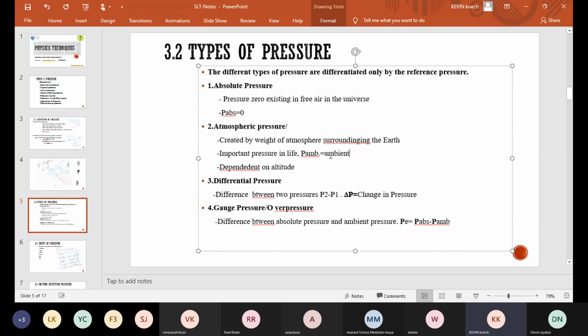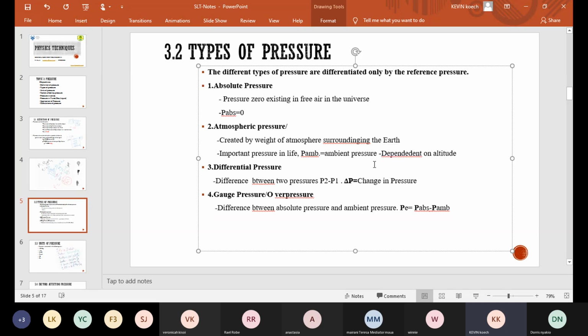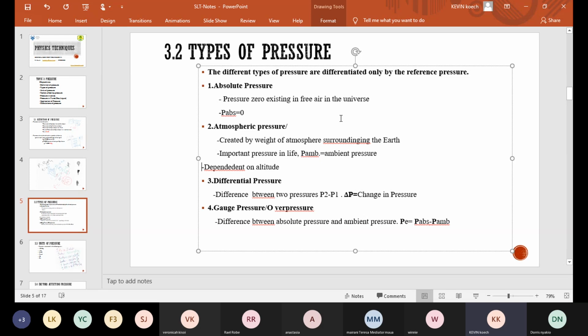It's also called ambient pressure, with the subscript A, M, B. The first one, absolute pressure, is given as P ABS, pressure absolute, equals 0, because that one is a reference pressure. Atmospheric pressure is pressure ambient, which is also the same as atmospheric pressure.